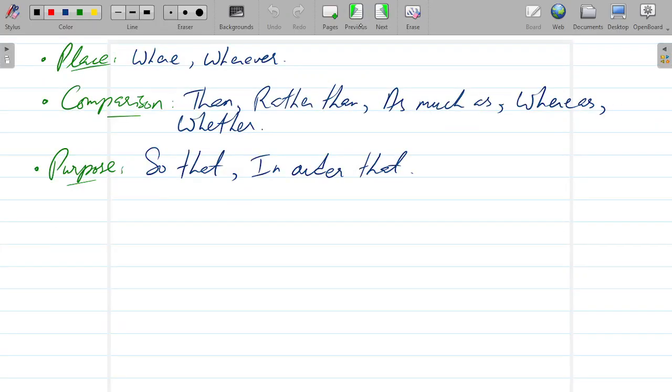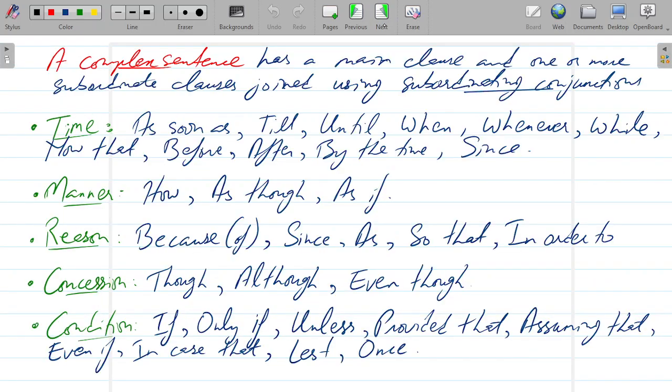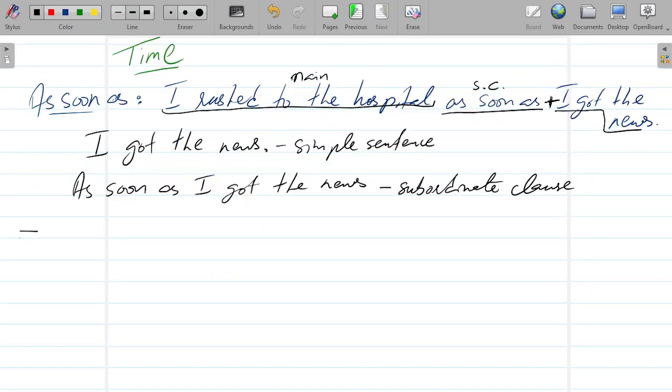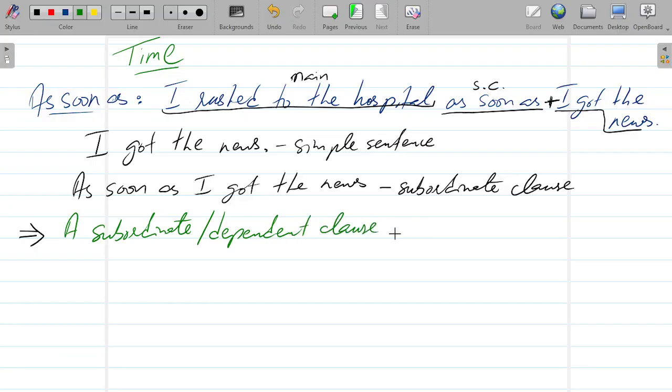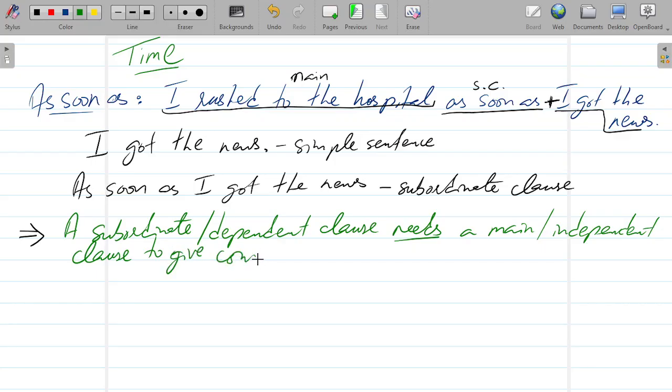And remember, based on the definitions of the main and subordinate clause, what we learned is that a subordinate or dependent clause needs a main or independent clause to give complete meaning.